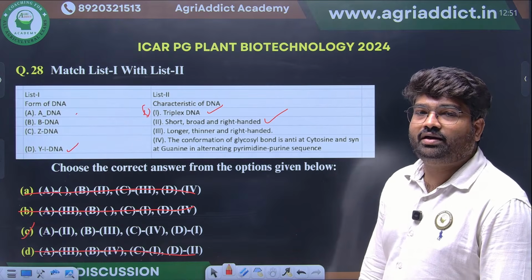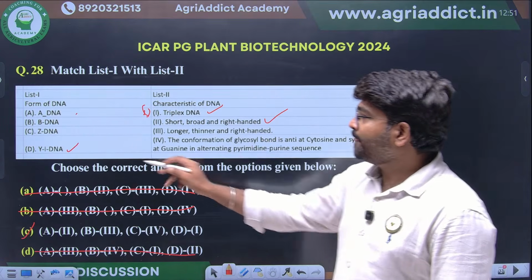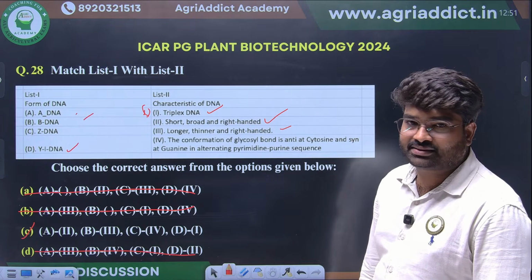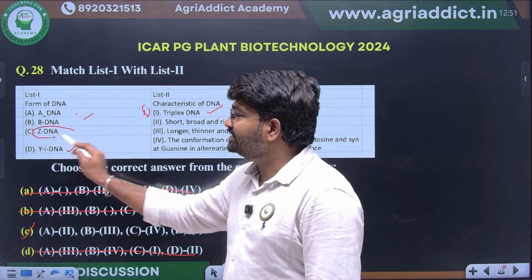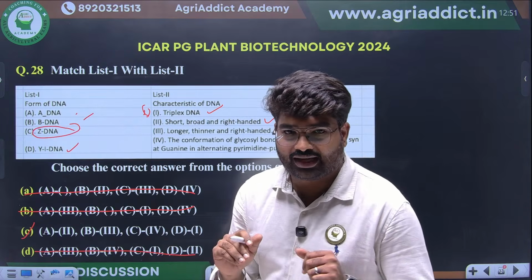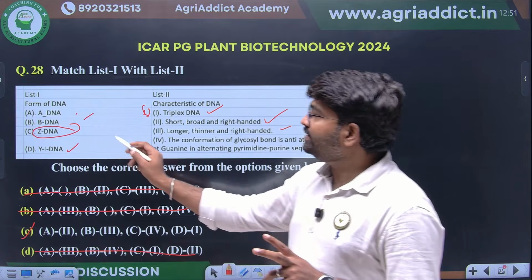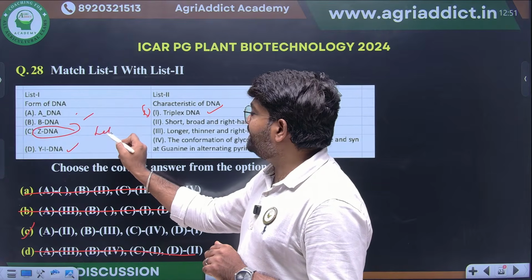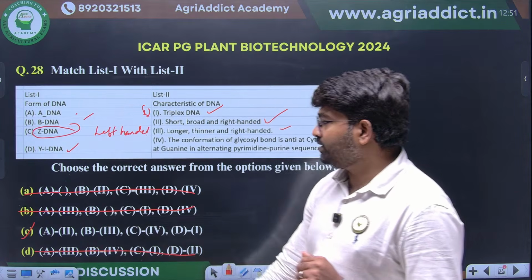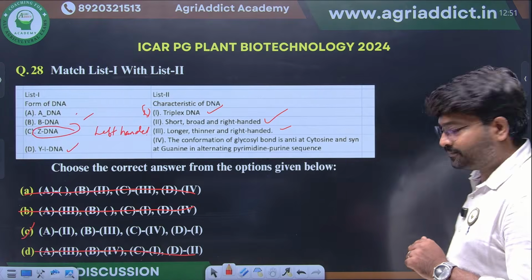B DNA is longer, thinner and right-handed. Z DNA has alternate purine and pyrimidine residues, and another important thing, it is a left-handed helix. So the right option for this is option C.